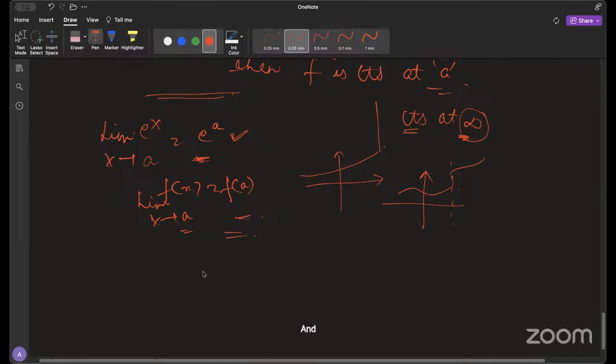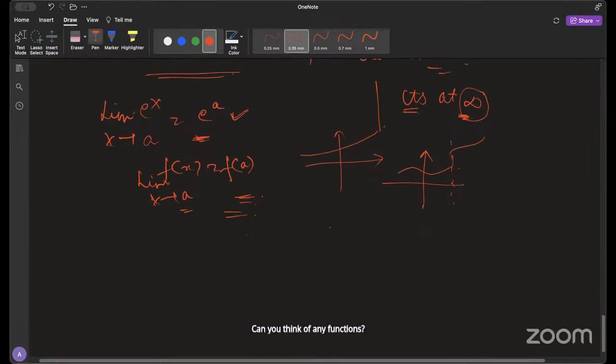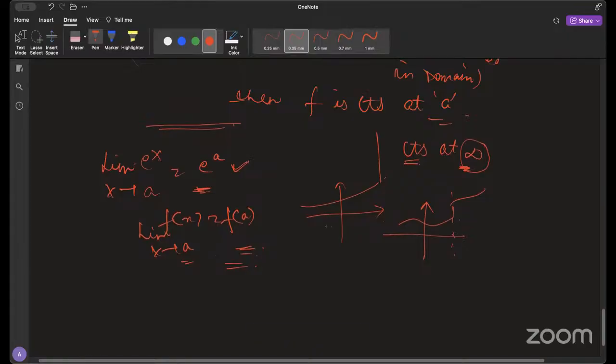So are there any other examples, particularly in your head, that you can come up with, that we can discuss here to discuss the concept of continuity? Can you think of any functions whose continuity you would want to discuss here?